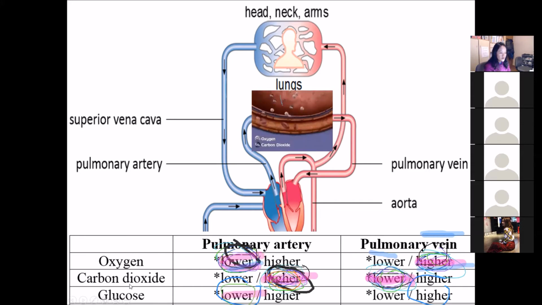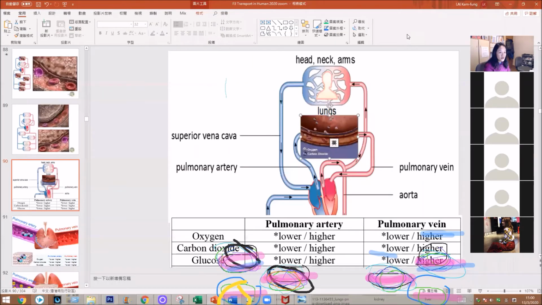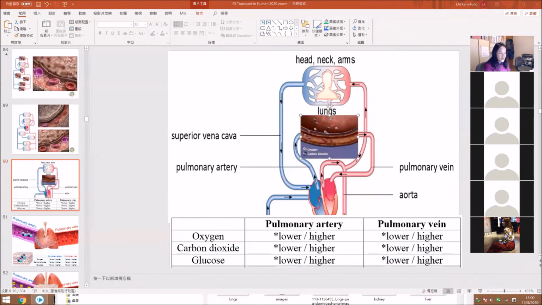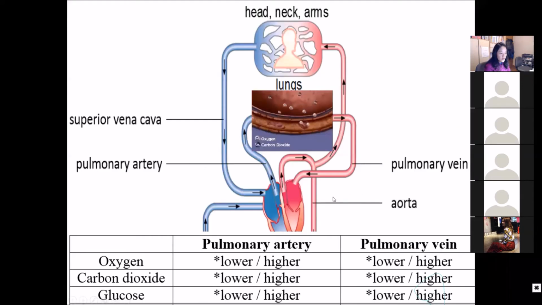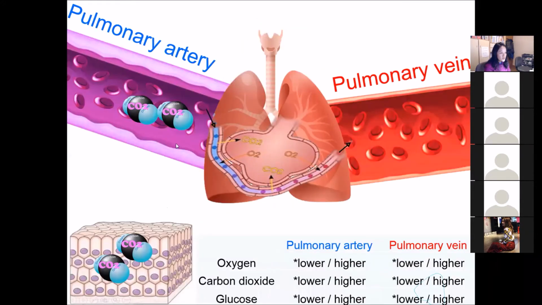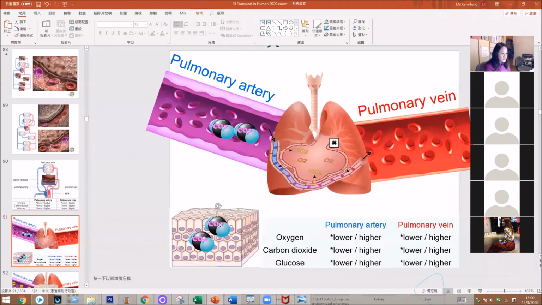Okay, yeah. Oxygen and glucose work similarly to each other. So I think many of you get the points. But I will still make use of this. So in this case, the body cells produce CO2, and then the CO2 will move through the vena cava to the pulmonary artery, and then will be moved into the air sac and then disappear.